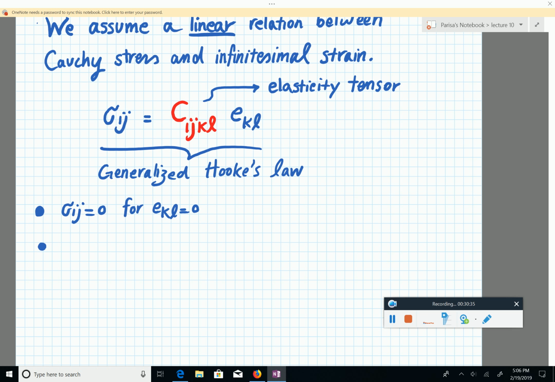So just to make sure, no rate dependence is built in this model. It's a material model, right?